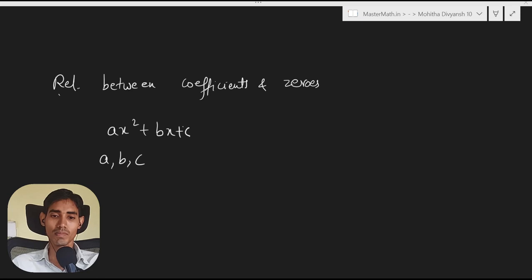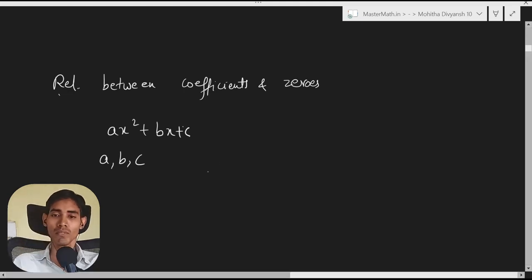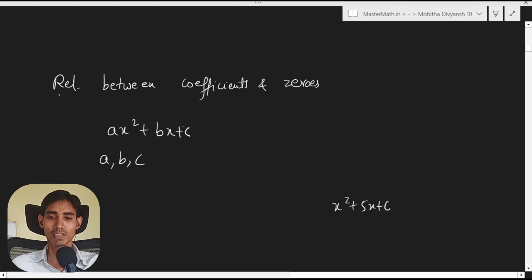So these are the coefficients, and if you remember, we did that question: x square plus 5x plus 6.